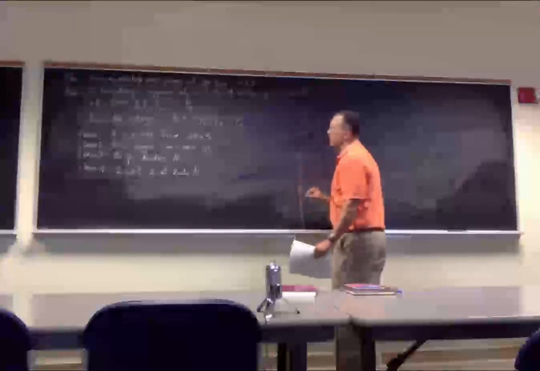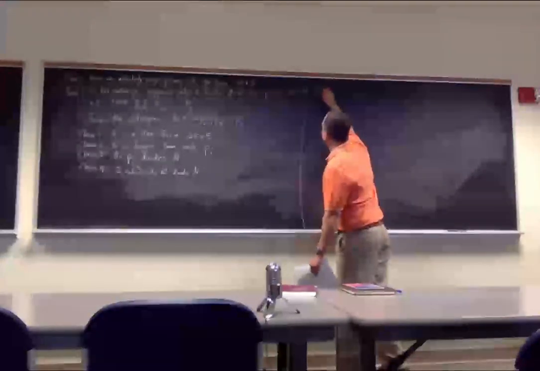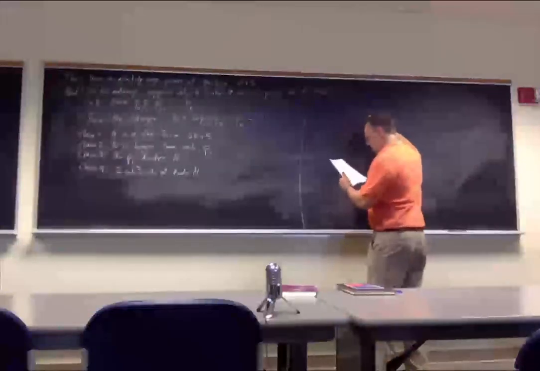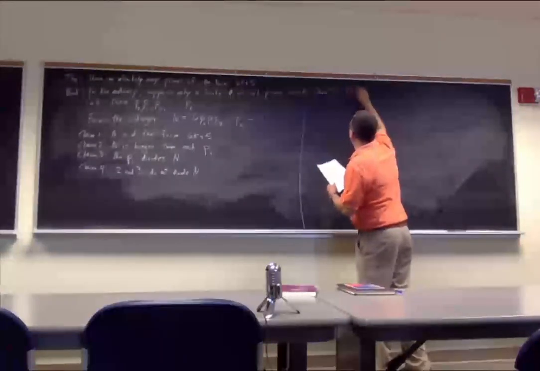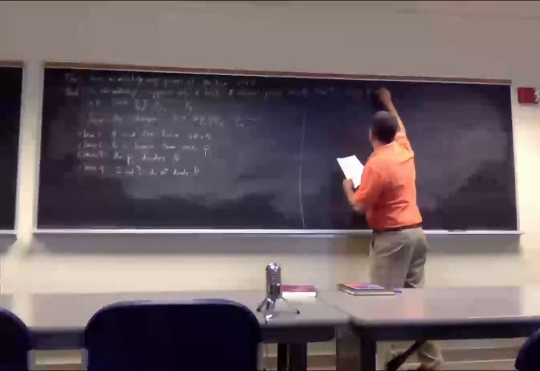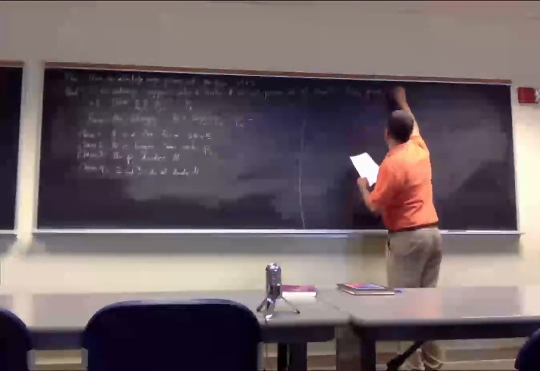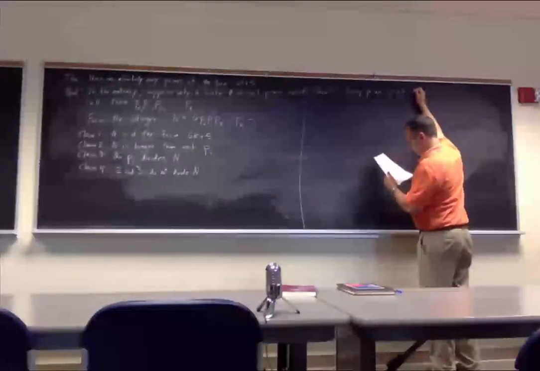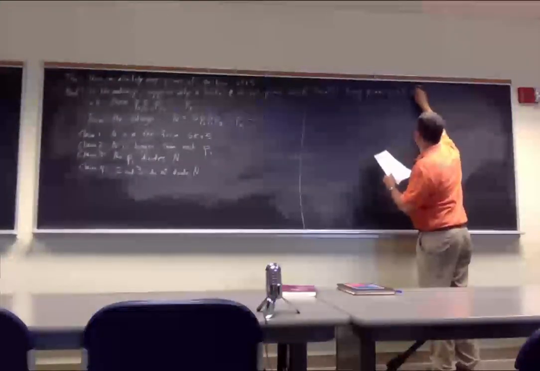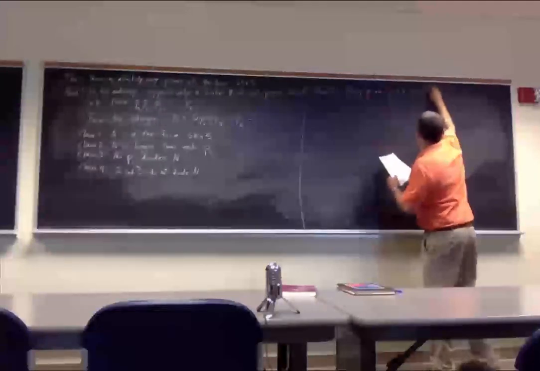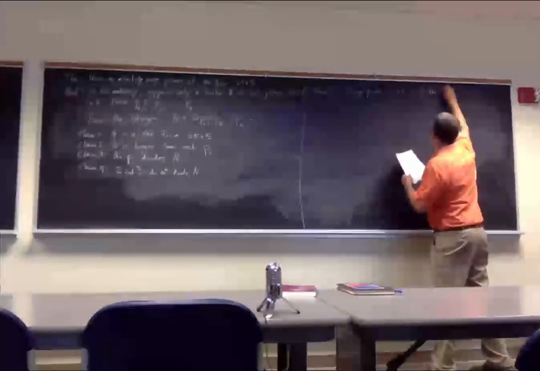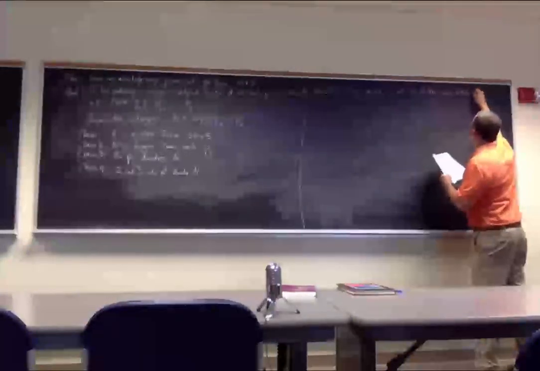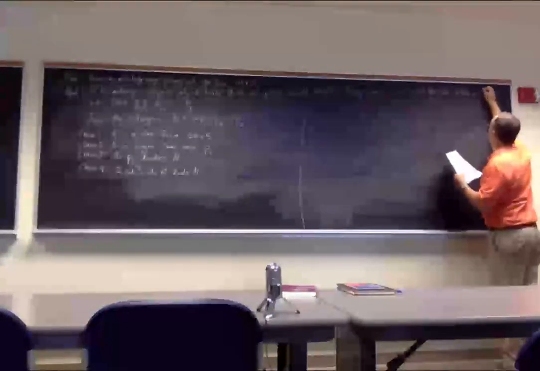So we have a similar claim here. Claim 5. Every prime p greater than 3 is of the form 6k plus 1 or 6k plus 5.